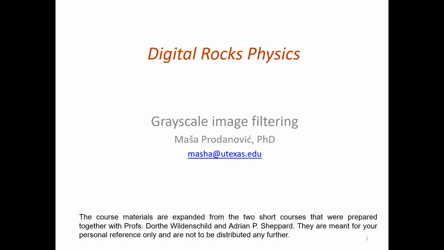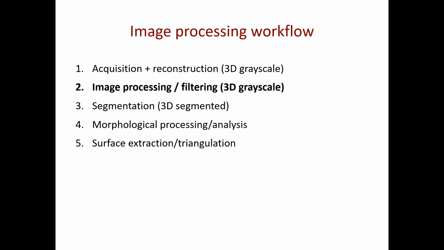There are different names, but we're going to refer to grayscale image filtering, and we're going to do some of the exercises today that are very common. After we have learned how to acquire and reconstruct the image, we essentially need to do something with it. We're not here just looking at images, and learning from images or attempting to see what's in there, but at the same time we need to quantify in order to compare.